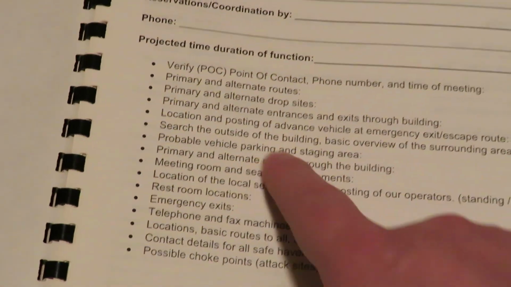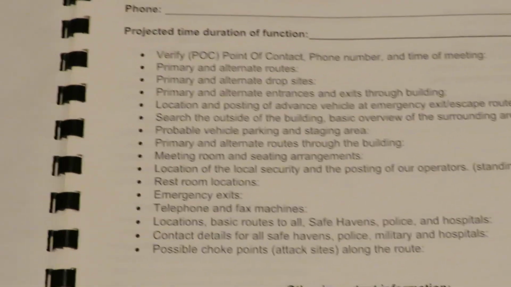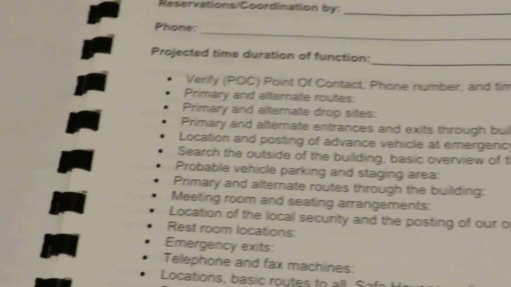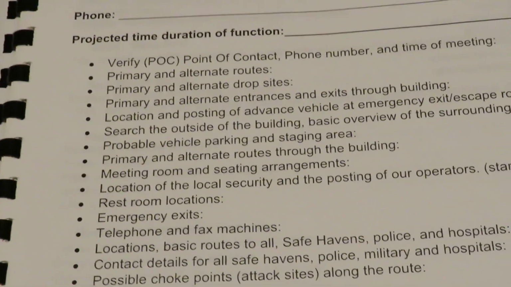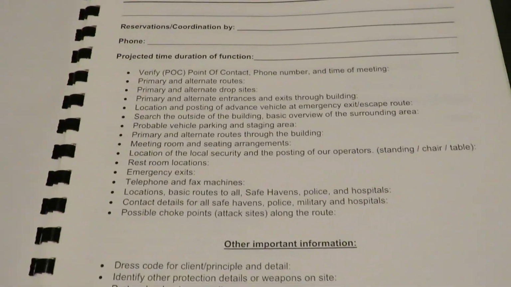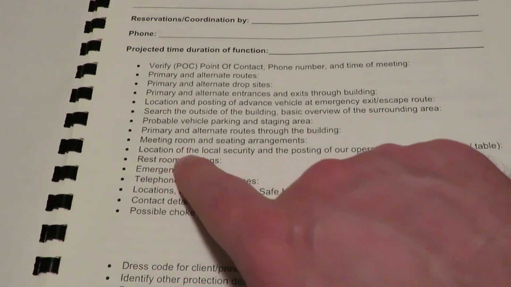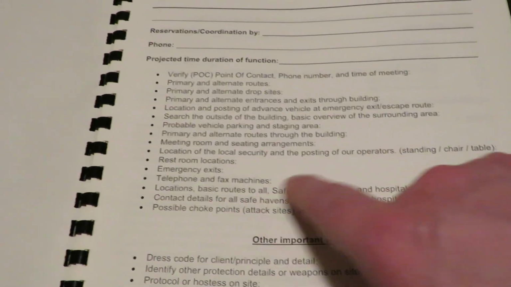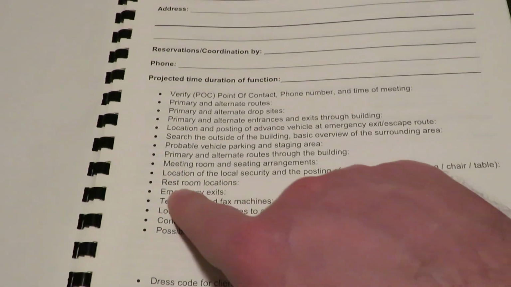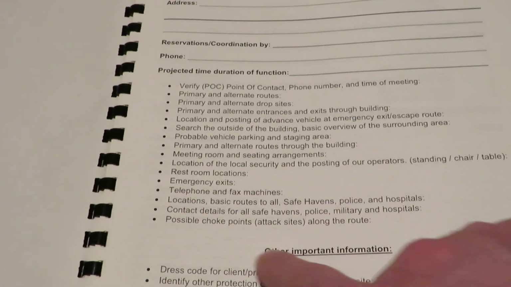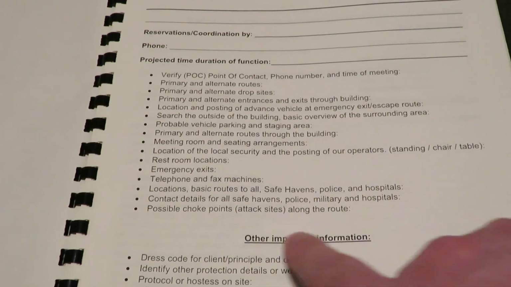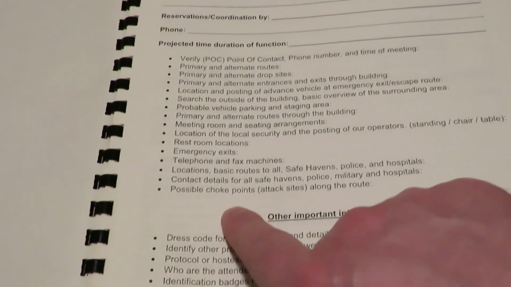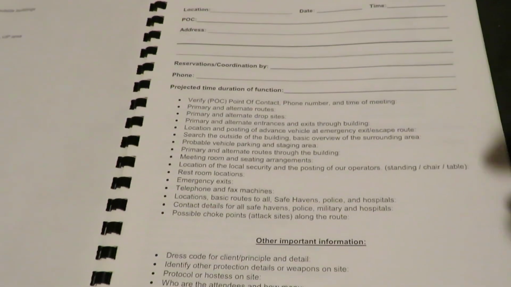Search the outside of the building, basic overview, the surrounding area, probable vehicle parking and staging area, primary alternate routes through the building, meeting room and seating arrangements, location of the local security and the posting of our operators, standing, chair, table, and at doors, restroom locations, emergency exits, telephone, fax machines, location and basic routes of all safe havens, police and hospitals, contact details for all safe havens, police, military, and hospitals, possible choke points and attack sites along the route, all that kind of stuff.